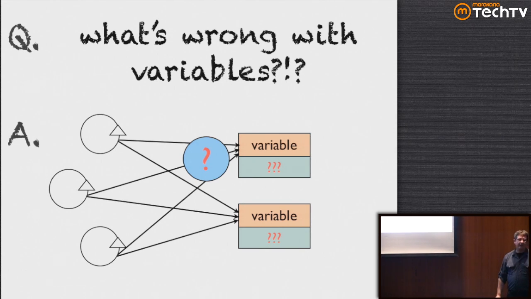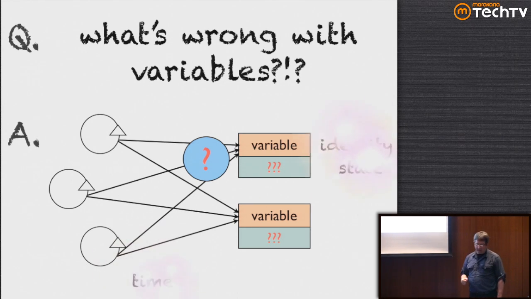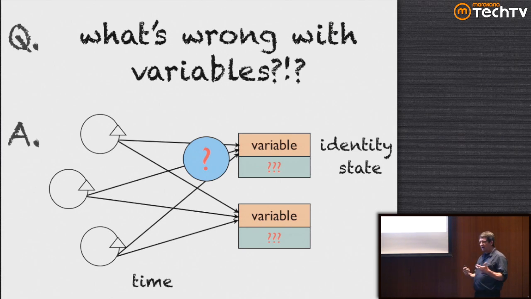They were always thinking about this variable owns this for all of time, and nobody else will ever interfere with this value. The problem is it's convoluting several different important concepts, basically this idea of identity and state. Because a variable in Java holds on to the identity and whatever value happens to be there as well. And it's hard to predict when that's going to change, and it's hard to logic about that over time.